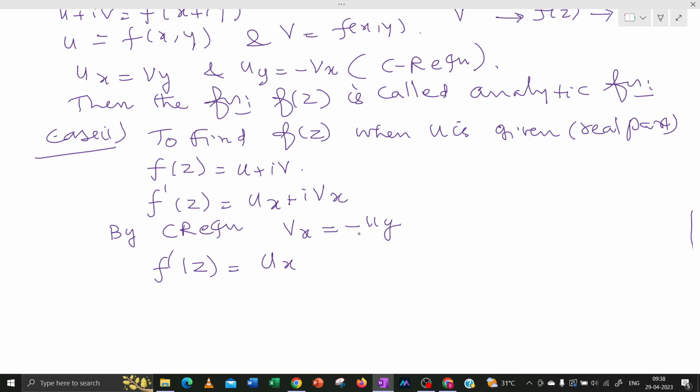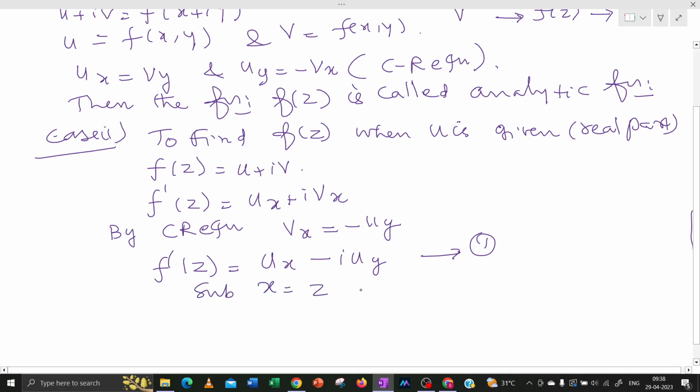What is vx? vx is minus uy, so minus i into uy. This is equation number 1. The next step is you have to substitute x equal to z and y equal to 0 in the above equation.